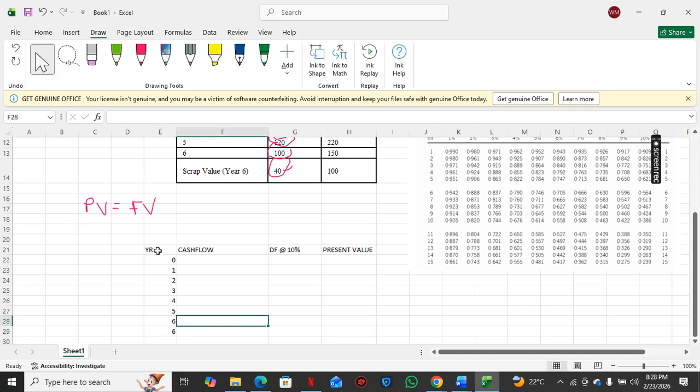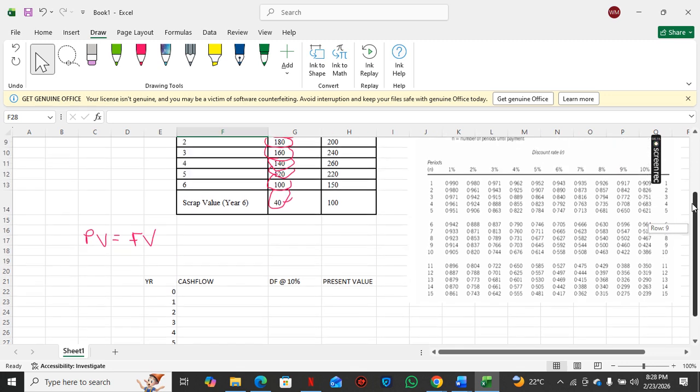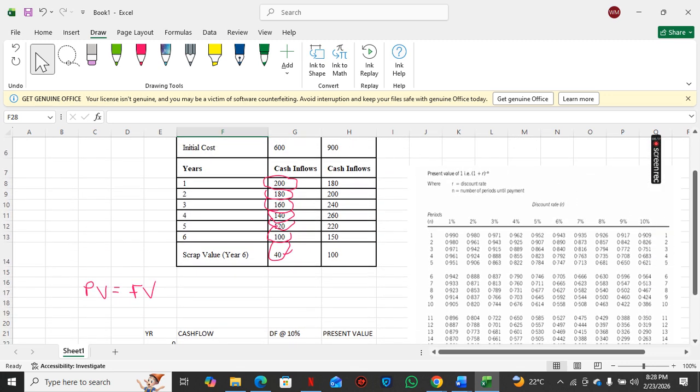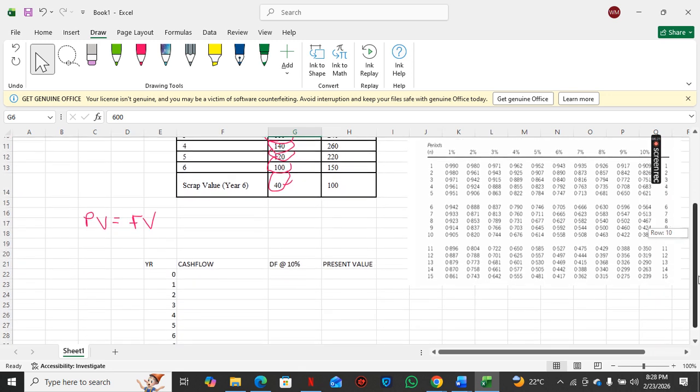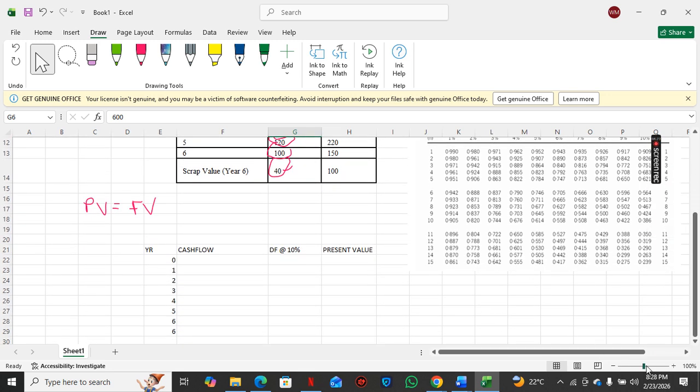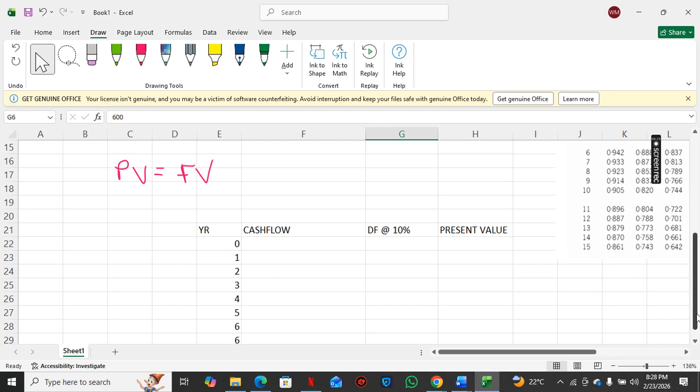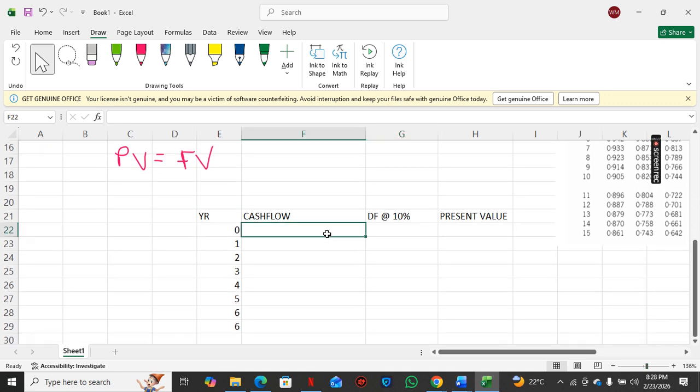So you're going to put the years. You start with year 0, which is the first day of year 1. You're assuming that on the first day of year 1 you purchase this alpha model for 600,000. So under cash flows you put negative 600. Why is it negative? Because you're purchasing this model.